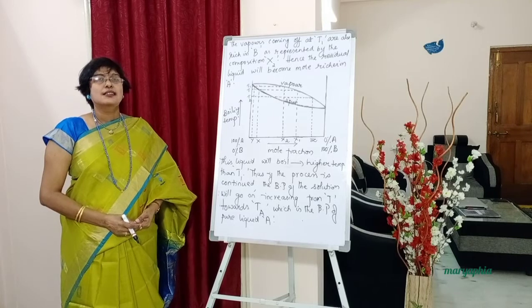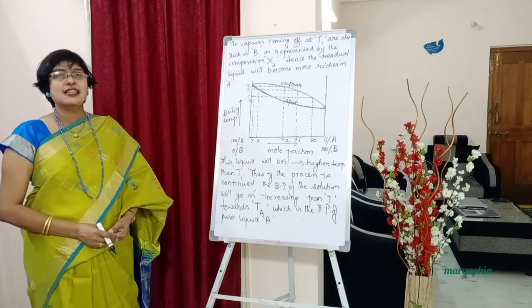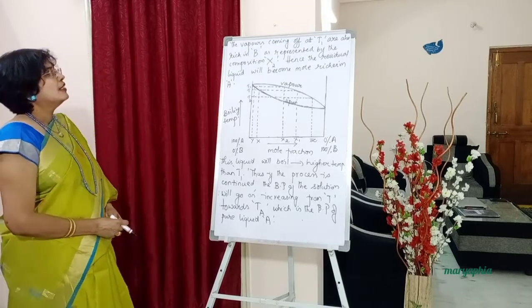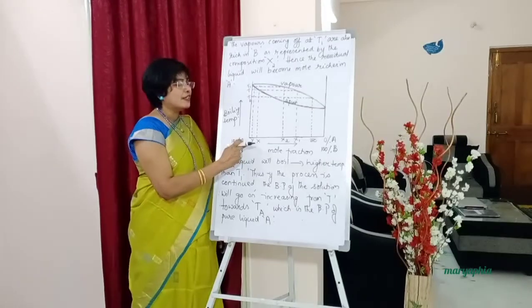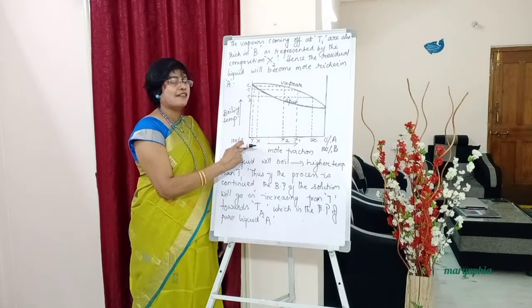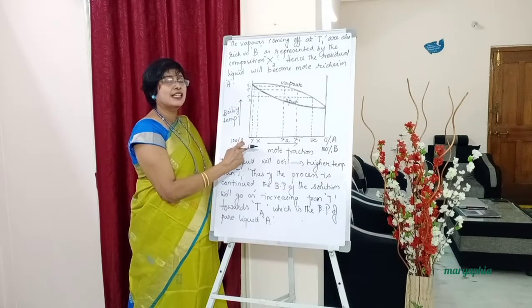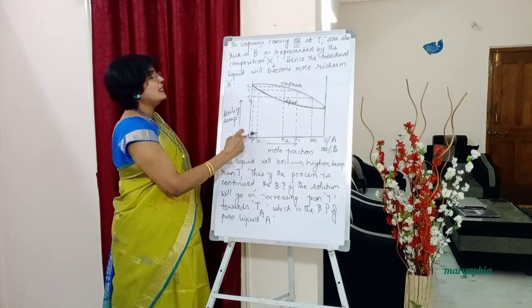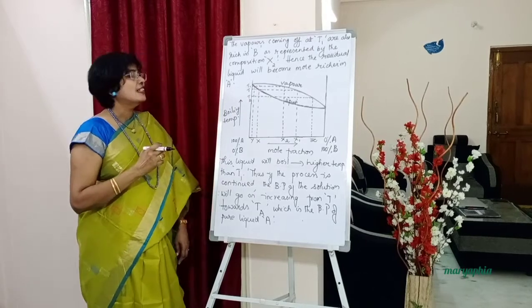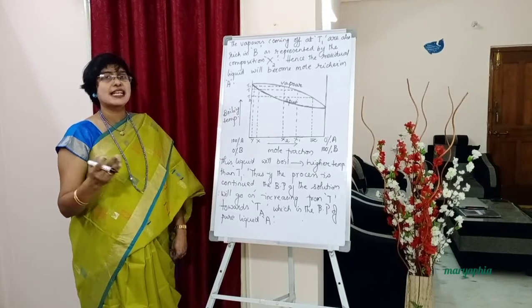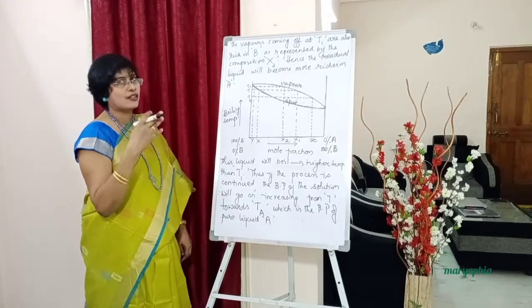So, the vapors coming off at T1, when we are heating this solution having a composition Y which is rich in A, start coming off at the temperature T1, or we can say it starts boiling at a temperature T1. Okay, that all we have seen.